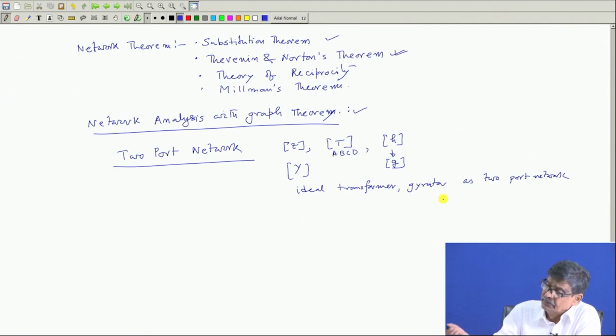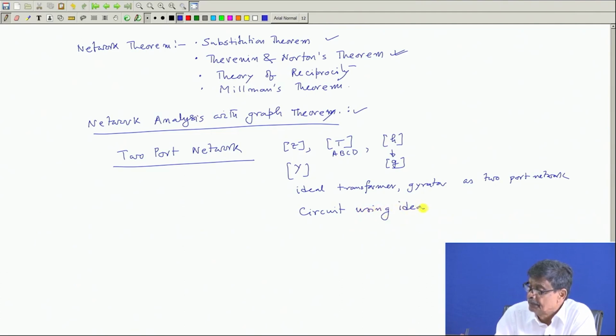And finally, we did some circuits using ideal op-amp with negative feedback, that is important, feedback.